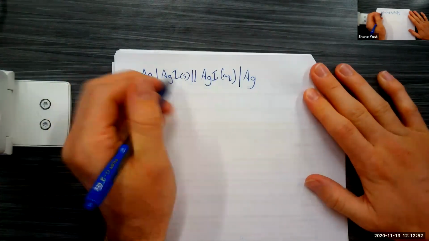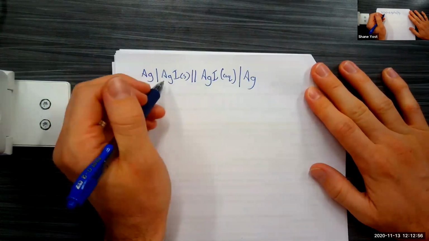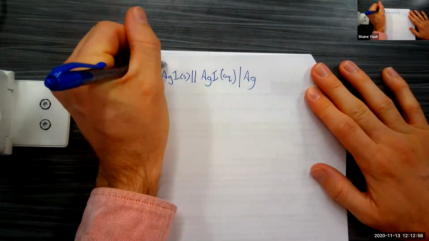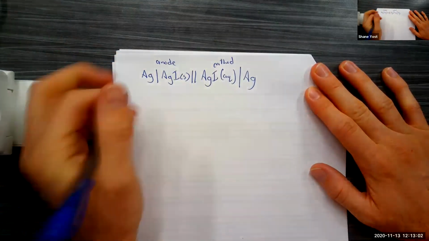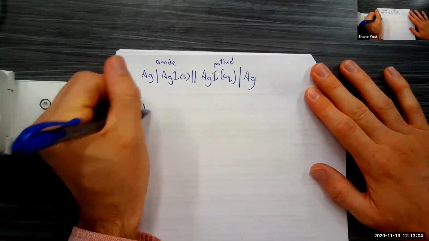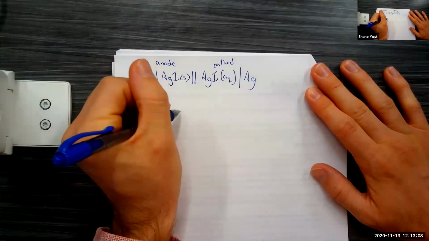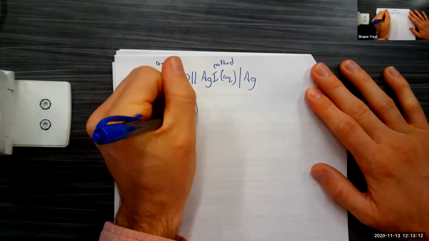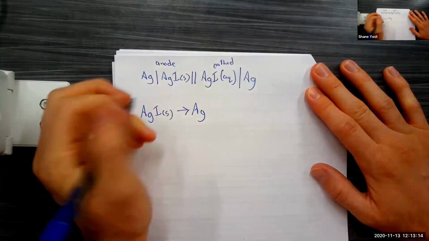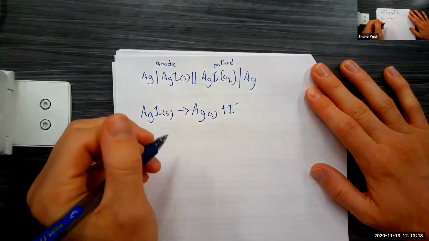So here I have the oxidation reaction, anode, cathode. At the anode, the oxidation reaction is AgI solid going to Ag solid plus I minus.